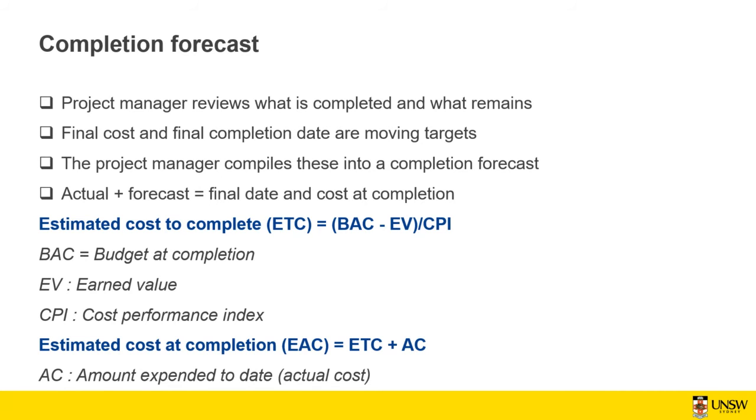So, for example, if a job needs to be completed within 6 months and you need to spend 40K for completing that job, by the time that you review it, you see how much you were supposed to spend by that time and how much work is completed. So the earned value is going to be the percentage of the work completed at that time multiplied by the planned value.